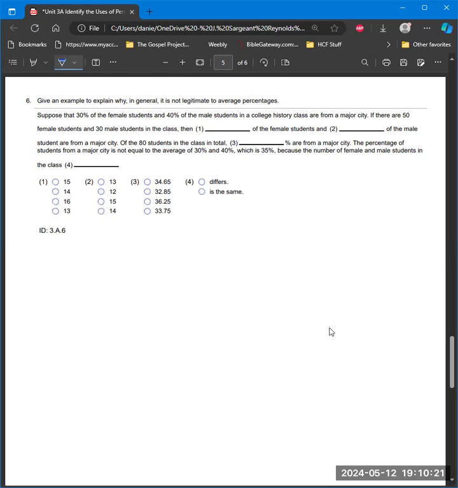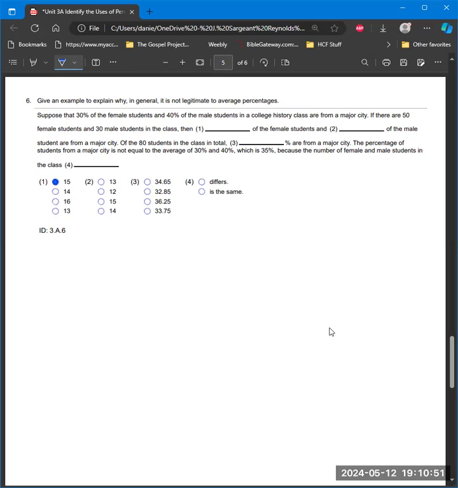If there are 50 female students and 30 male students in the class, then what number of the female students and what number of the male students are from the major city? So let's figure out what 30% of 50 is. That's going to be the same thing as 50% of 30, so that's 15.